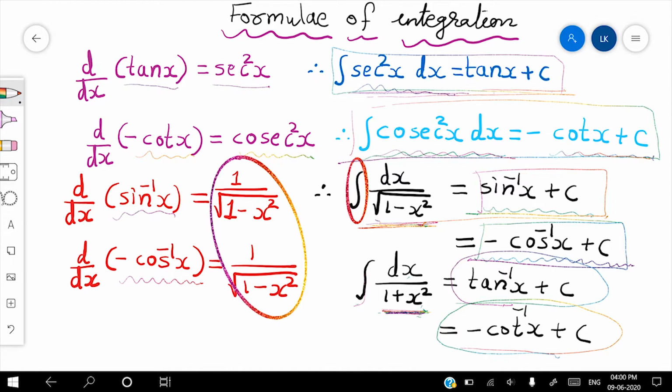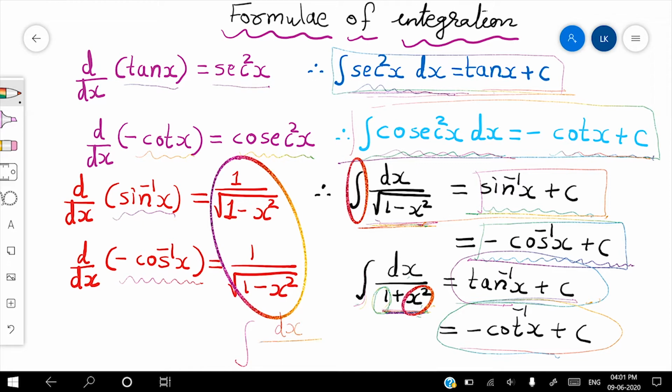It is the inverse function formula. If the integration of dx upon 1 plus x square, there is no square root, all signs are plus, and in each term there is perfect square, then the answer is tan inverse x plus c.